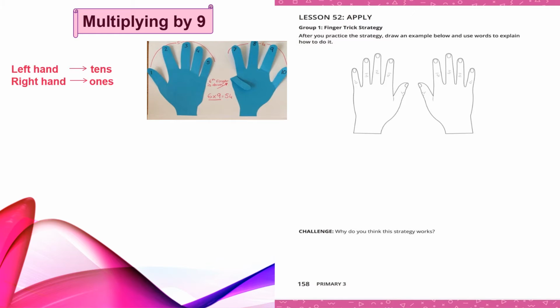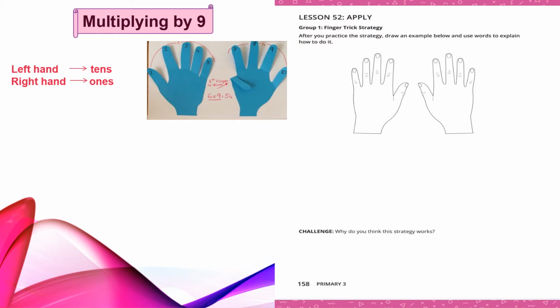Here, left hand, it means tens home. And right hand, it means ones home. Again, left hand, it means tens home, and right hand, it means ones home. Okay, it's very important. So, how many fingers are there on the left side?